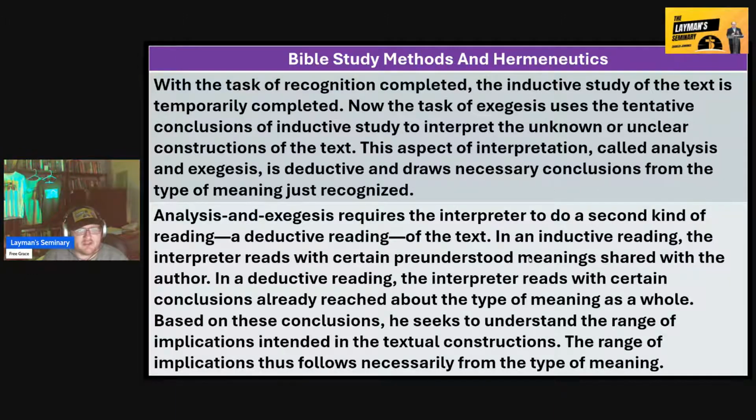Now the task of exegesis uses the tentative conclusions of inductive study to interpret the unknown or unclear constructions of the text. This aspect of interpretation, called analysis and exegesis, is deductive and draws necessary conclusions from the type of meaning just recognized.